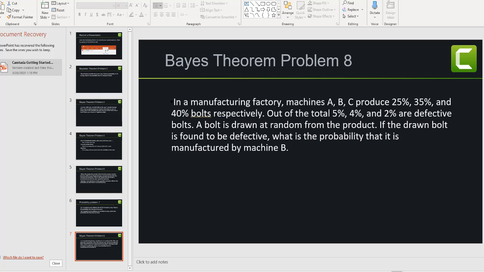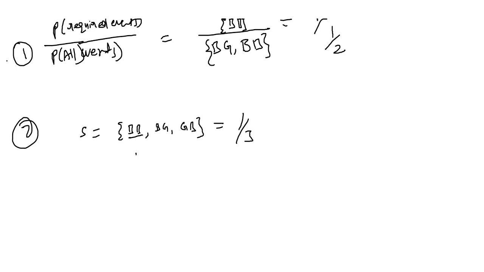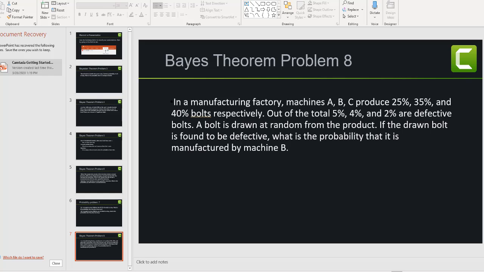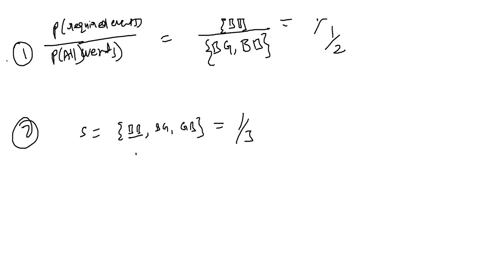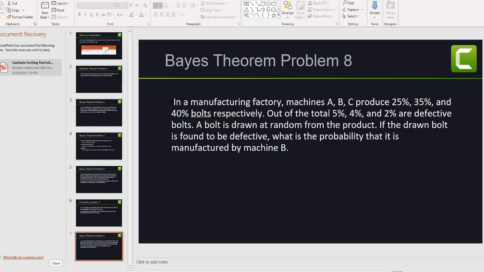That is the question. It's a very classic Bayesian problem, so let's try to solve it. Let me change to the pen mode.